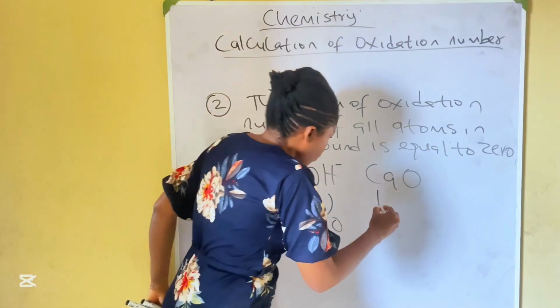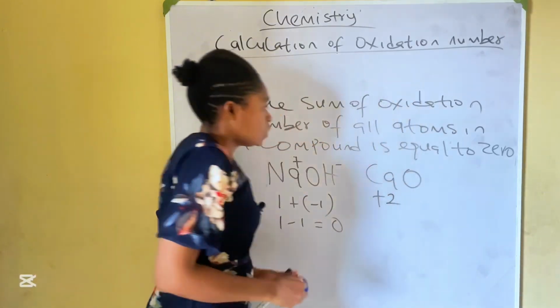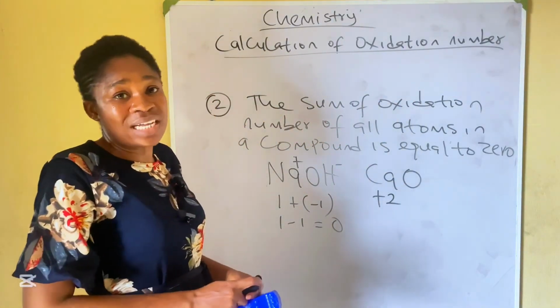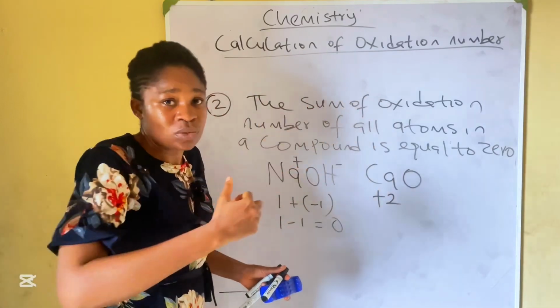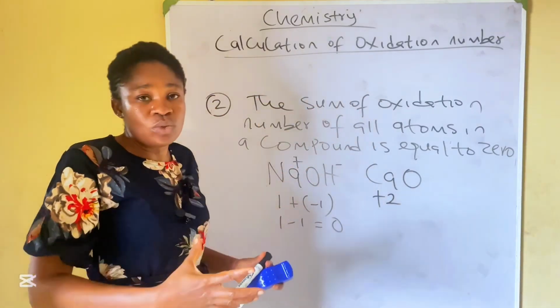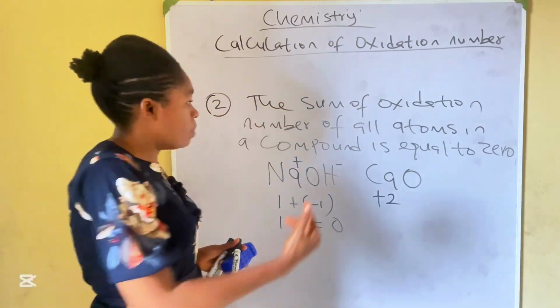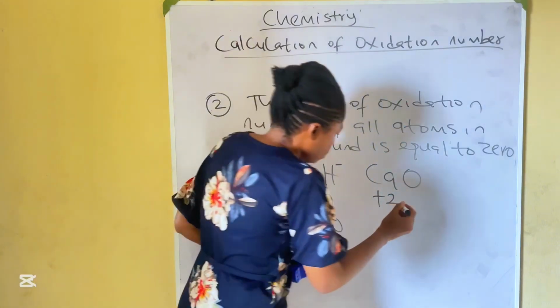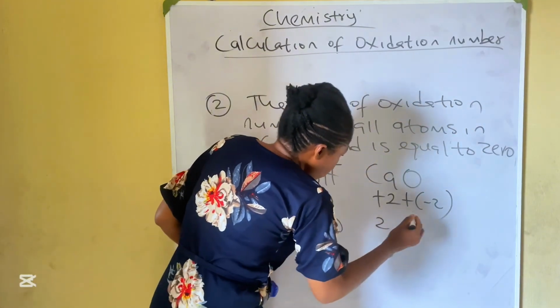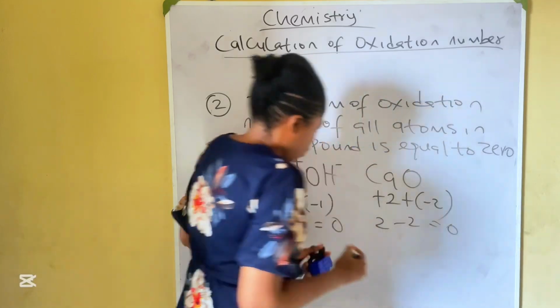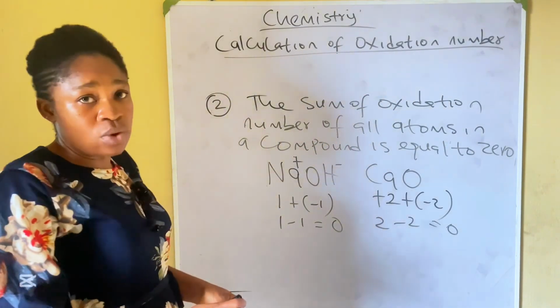What of oxygen? Oxygen has 6 electrons in its atomic shell, so it needs 2. It will accept 2 electrons to acquire a filled electronic structure. So the oxidation number of oxygen is -2. So the sum, 2 minus 2, is 0.